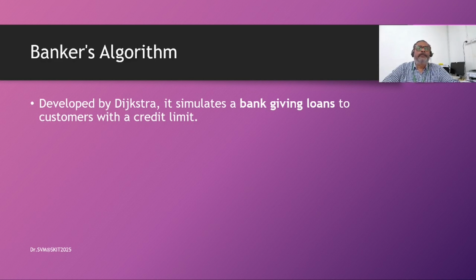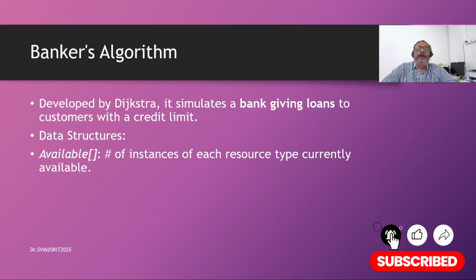This algorithm is used by bankers to decide whether a loan application is to be sanctioned or not. The data structures used with this Banker's Algorithm: the first is a one-dimensional vector called Available.